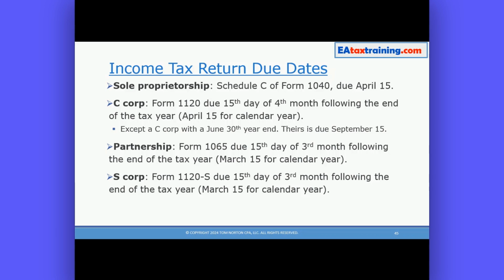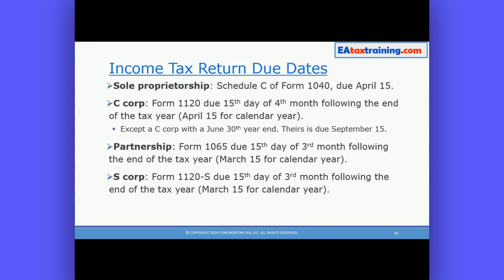Now, there is one odd exception to this rule. If you have a C corp with a June 30th year end, then theirs is due on September 15th, which is the 15th day of the third month following the end of the tax year. So any other fiscal year, it is the 15th day of the fourth month, but for June 30th it is the 15th day of September.